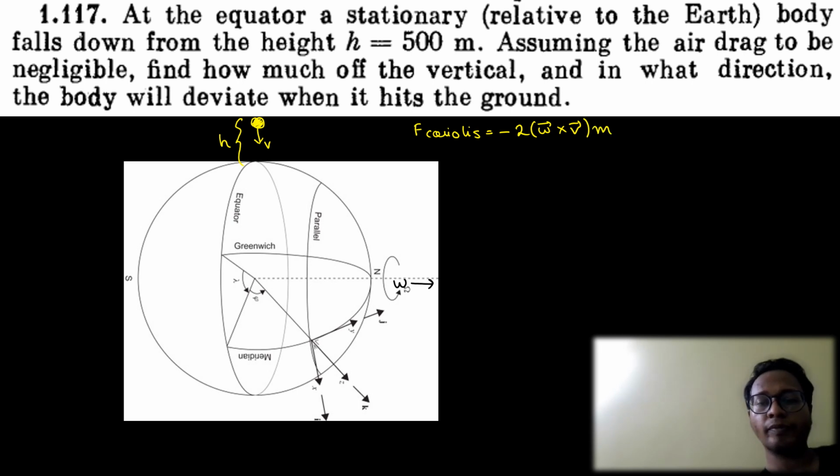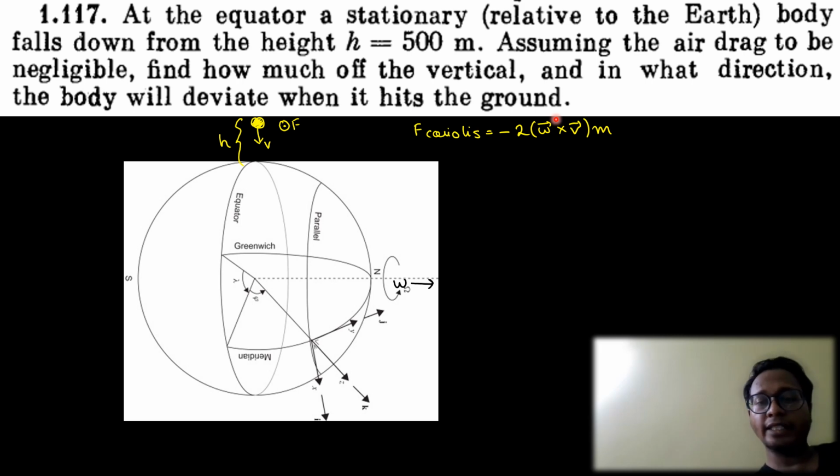If you apply omega cross v, omega is rightward. If you apply the thumb towards omega, which is rightward, and v towards down, omega cross v would be a vector inside the plane of paper. So minus omega cross v would be a vector outside the plane of paper. So the Coriolis force is acting outside the plane of paper.